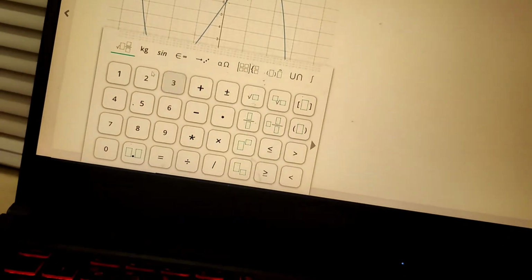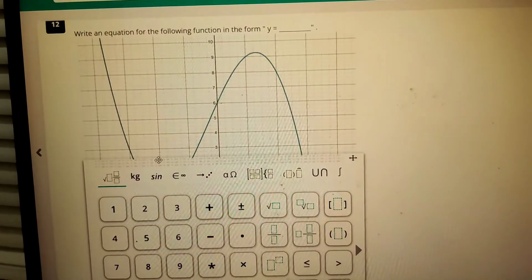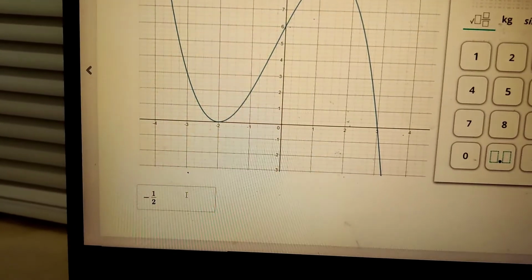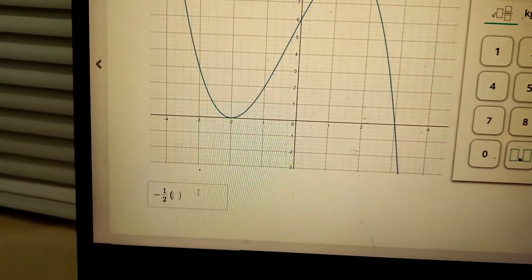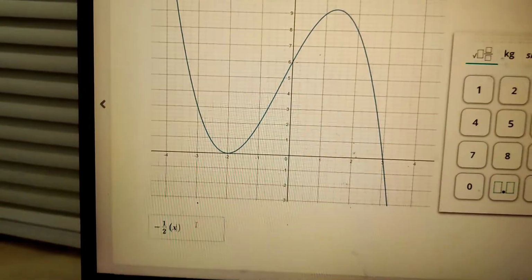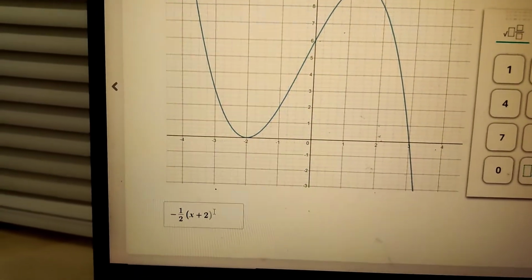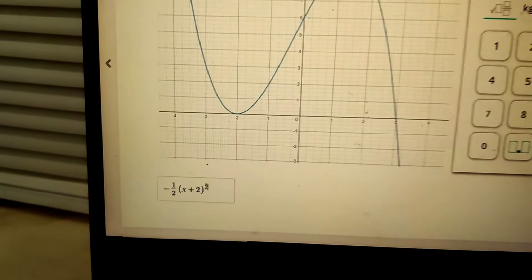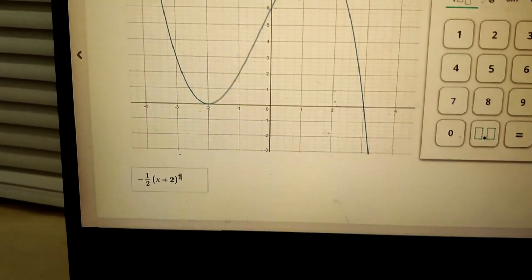All right, so -1/2, x plus 2 squared, and x minus 3.